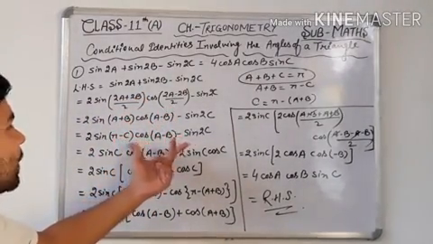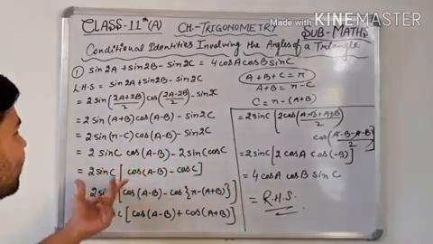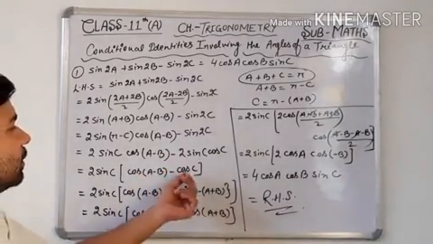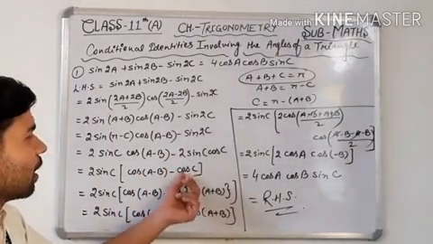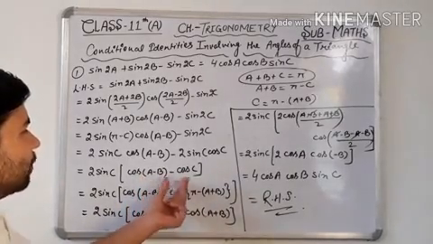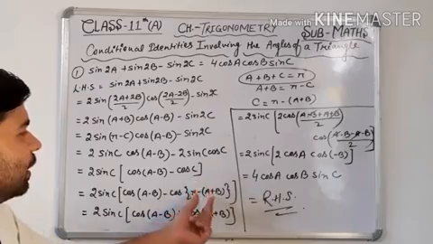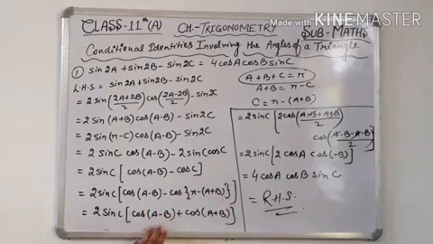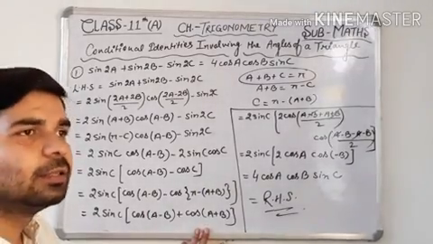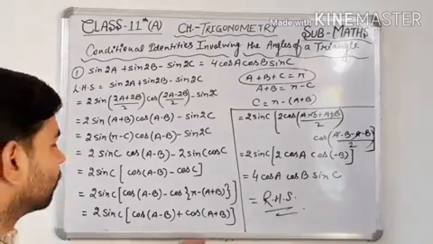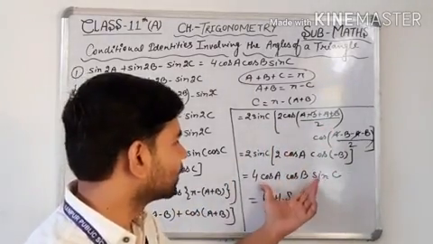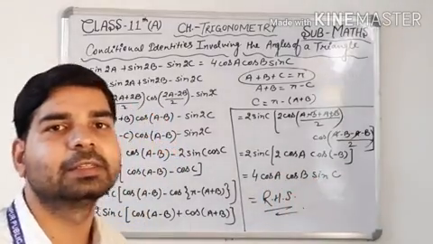You get some common factors, then take them in common outside and again change the angle into the same form as I have changed here c into a plus b. So again apply here cos c plus cos d according to your question and solve it, we get the required result.